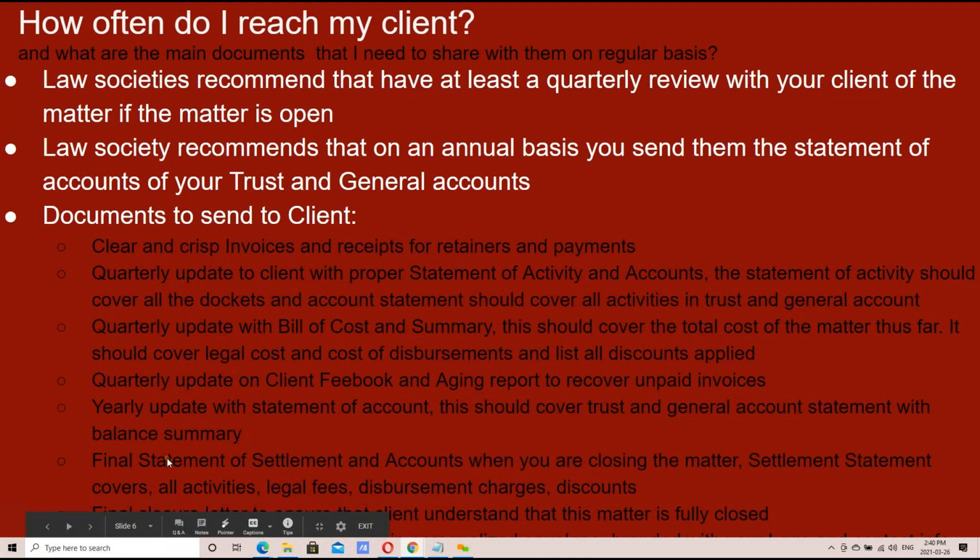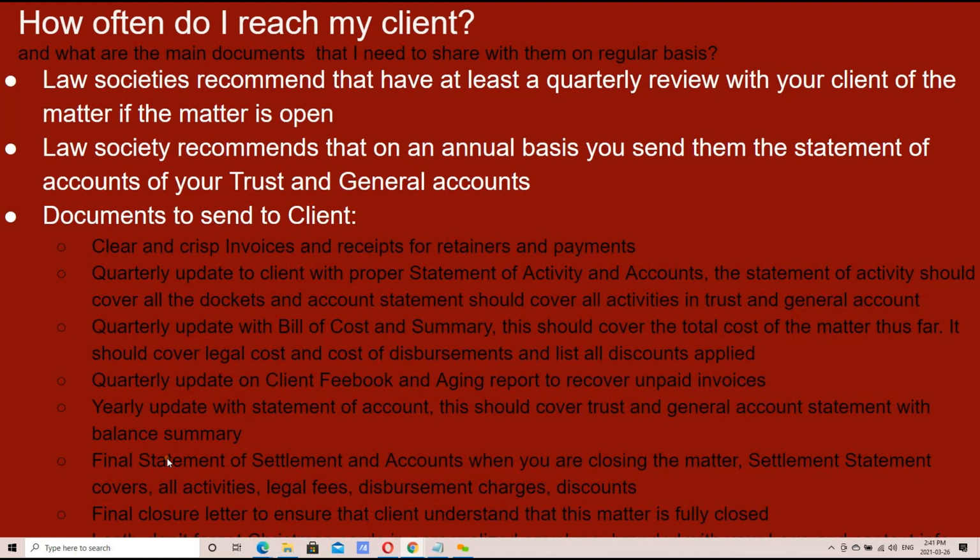Now, in the interim, during the actual life cycle of the matter itself, how often you correspond with that client comes down to some of the operational steps that need to be taken, right? So if you have a situation where you're going to be sending invoices as and when either a disbursement or a docket has been docketed, then those are touch points.